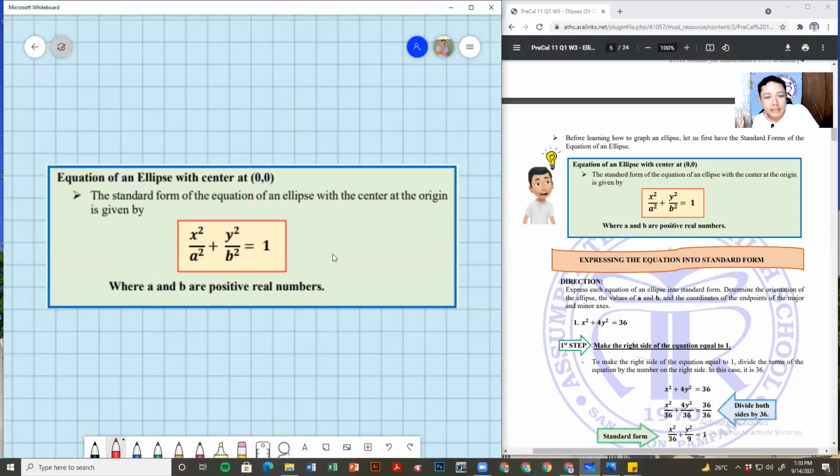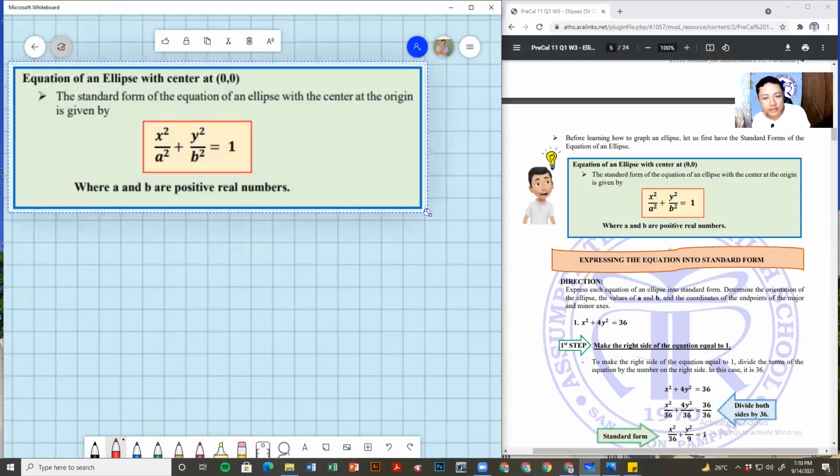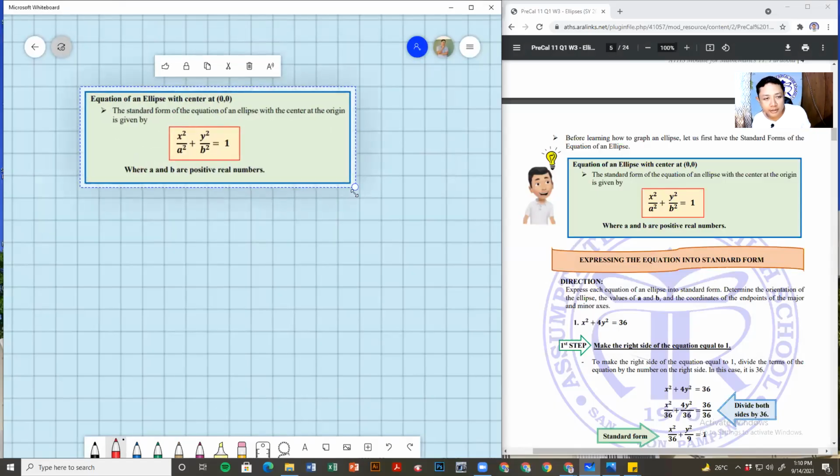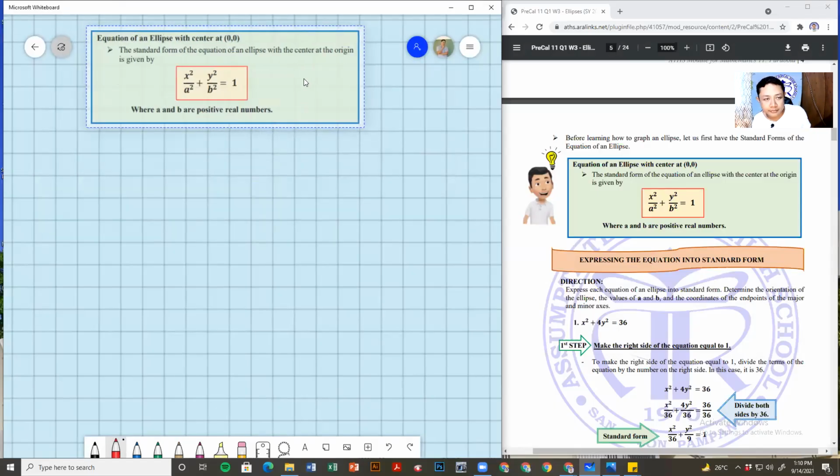So of course, not all equations are expressed in standard form. So there are also given equations wherein we need to express the equation into an ellipse. Let's have this as an example.